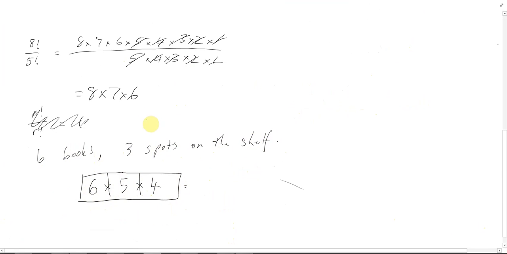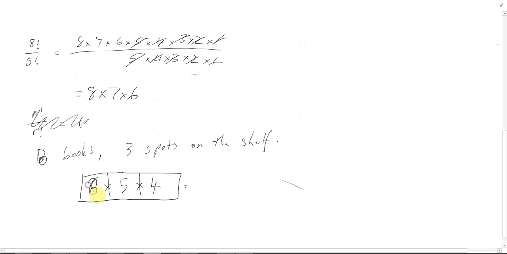So notice the link between these 2 examples. Let me show you the link by doing this example in this sort of way. Imagine if instead of 6 books, let's do it again, but with 8 books. Imagine we had 8 books and 3 spots.